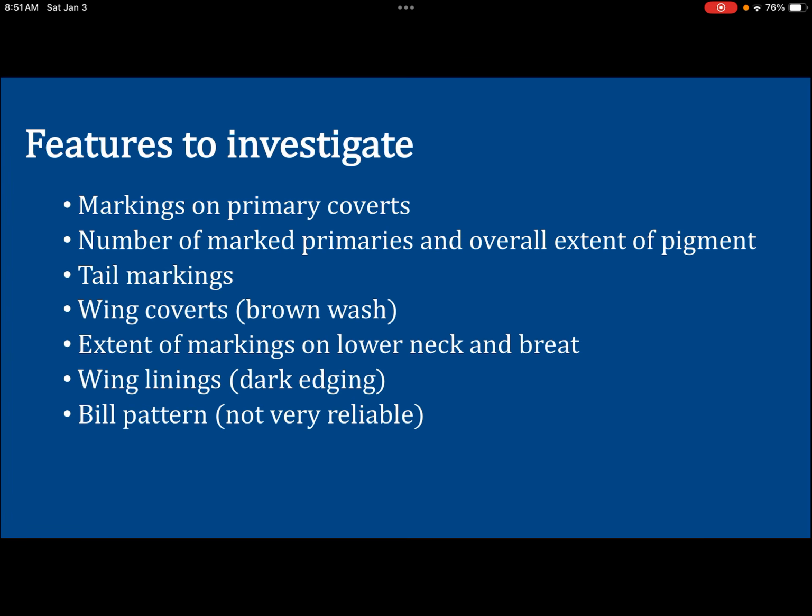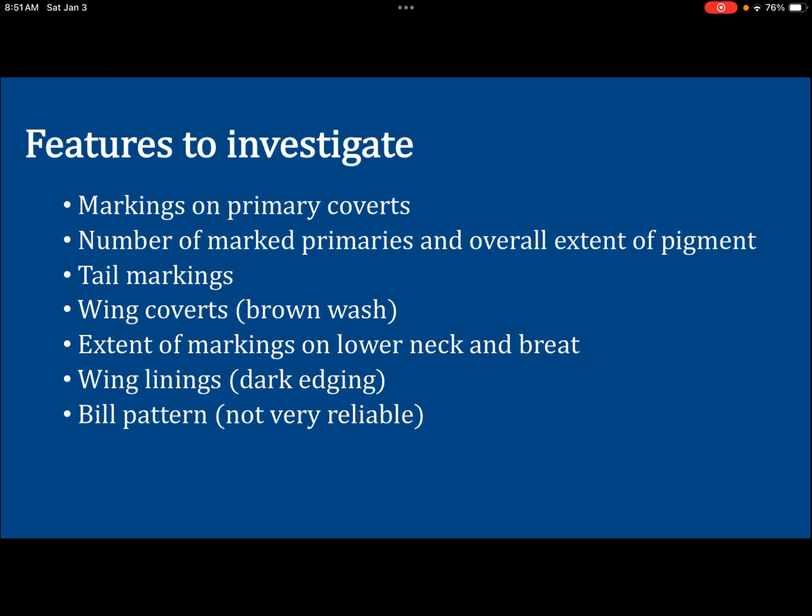The extent of pigment on the inner webs is a good example if you think back to that Vega gull. Tail markings, wing coverts have this brown wash, very suspicious looking subadult feature. The extent of markings on the lower neck and breast. Now, this isn't very reliable. A lot of adults show markings on the lower neck and breast, but it is just one other feature to help support what we're seeing.